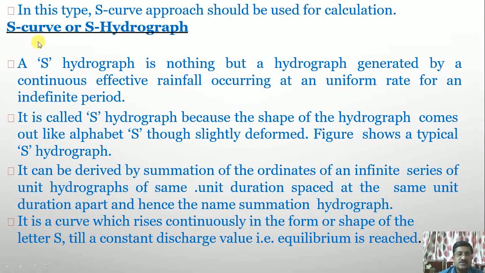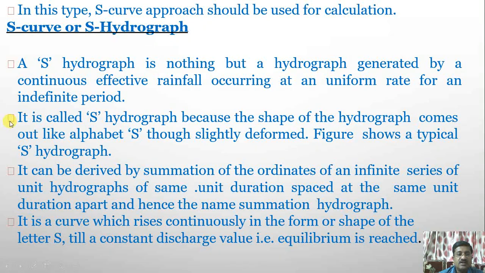Now, again, we will discuss this S curve or S hydrograph. An S hydrograph is nothing but a hydrograph generated by continuous effective rainfall occurring at a uniform rate for an indefinite period. This is the first point we have to remember when discussing the S curve hydrograph.